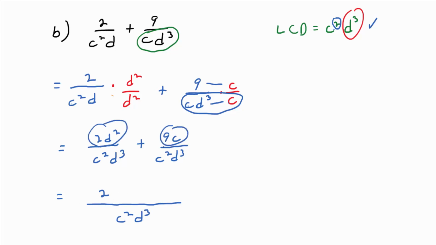That guy plus that guy. 2d squared plus 9c. Now you will come up with results that simplify, but this one doesn't. We can't combine 2d squared and 9c, so we just leave the addition as is. Okay?